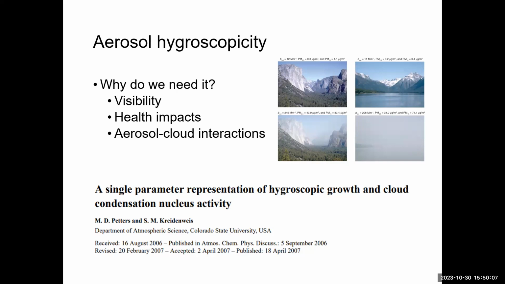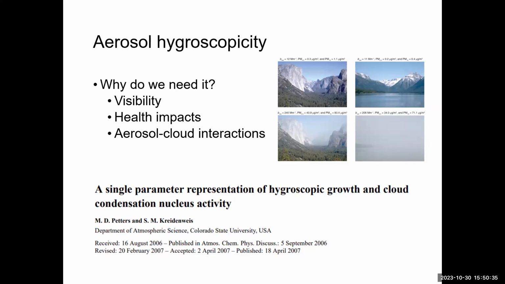Once supersaturation is created, we form cloud droplets, and they basically form clouds, right? Clouds reflect solar radiation reaching the Earth's surface and further influence the Earth's climate. That's why many atmospheric scientists are interested in aerosol-cloud-climate interactions, and they need to measure the hygroscopicity of the aerosols.